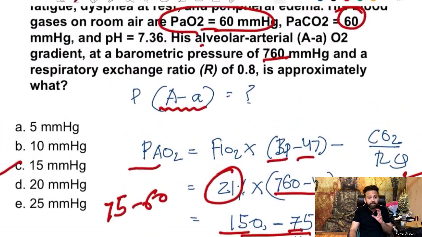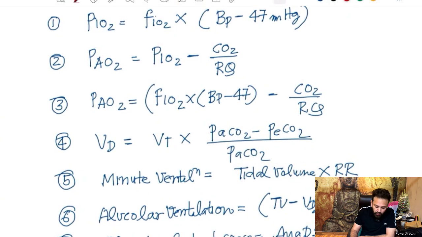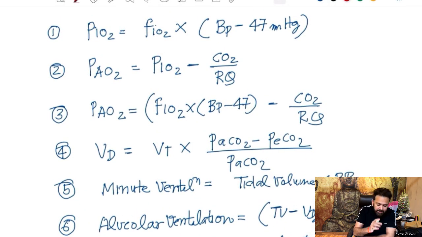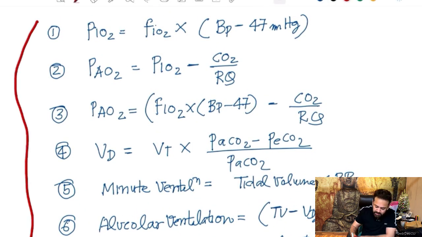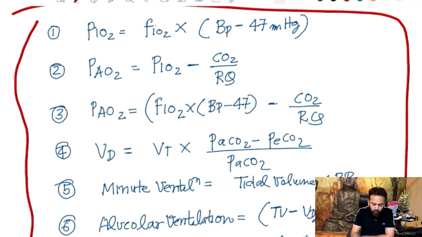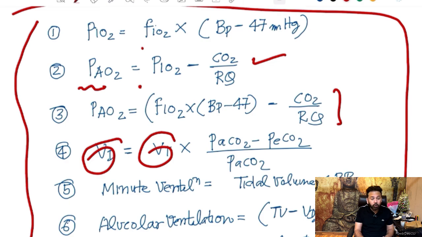So we have seen these types of MCQs which can be solved only by memorizing these formulas. Let us revise again. PiO2 is equal to FiO2 into barometric minus 47. PAO2 is equal to PiO2 minus CO2 upon RQ. PAO2 is equal to FiO2 into barometric minus 47 minus CO2 upon RQ. Dead space is equal to tidal volume into PaCO2 minus PeCO2 upon PaCO2.